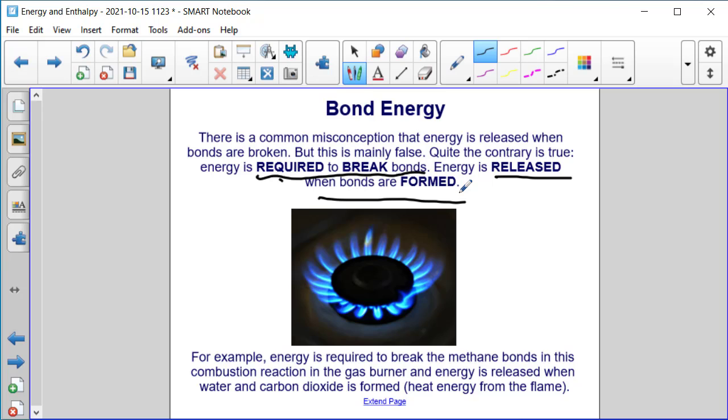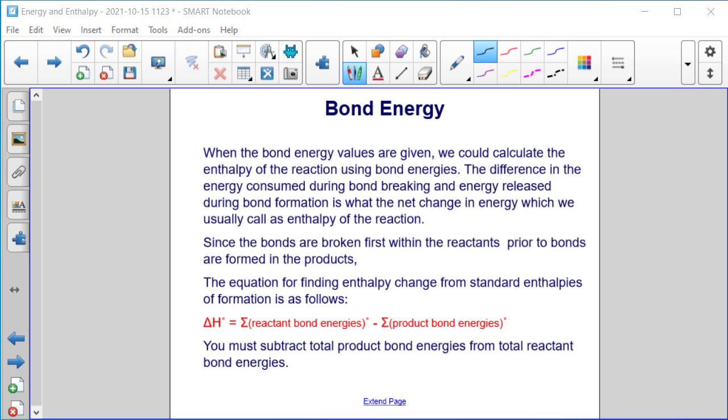When you think of your chemical reaction going from reactants to products, to break your reactants apart, you have to put energy in. And when those atoms rearrange and form the products, energy is released. If we are given bond energy values, we can calculate the enthalpy of a reaction just using those bond energies.